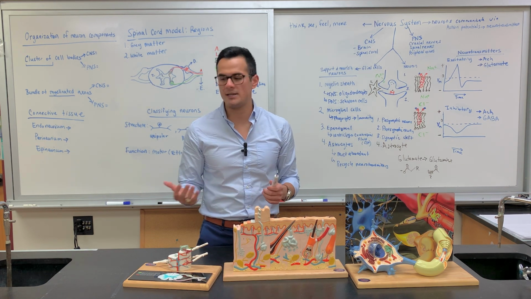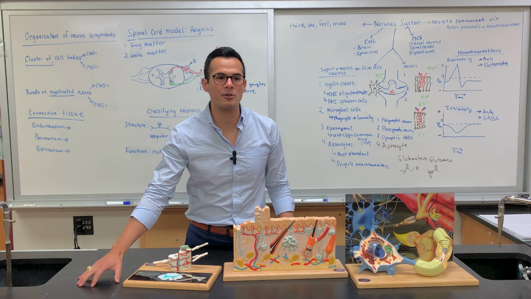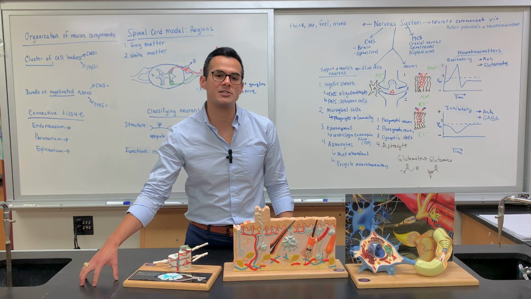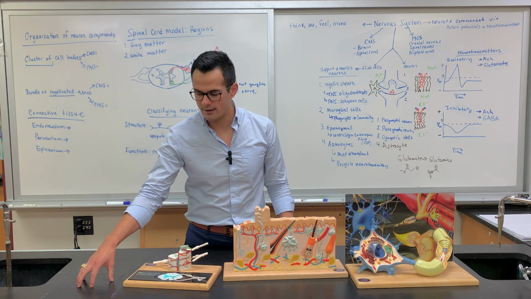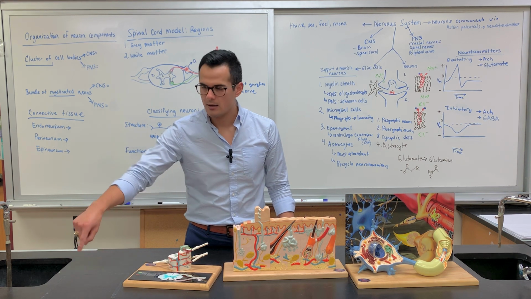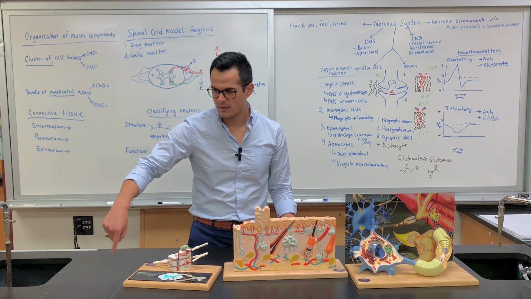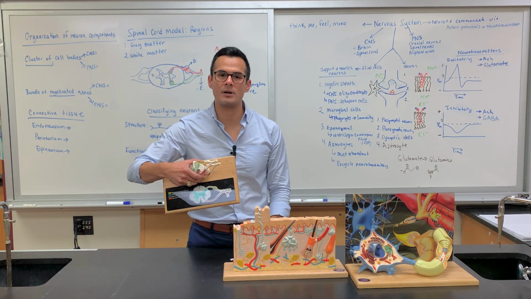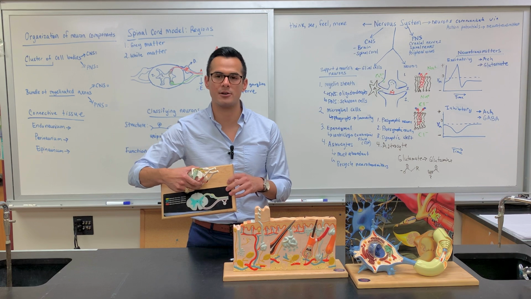So when I put my hand on the table, in order for me to feel that sensation, I need my sensory neurons. The information will travel from my fingertips, and then the axon will travel all the way until it gets here into the spinal cord, and then it'll synapse with the next neuron.